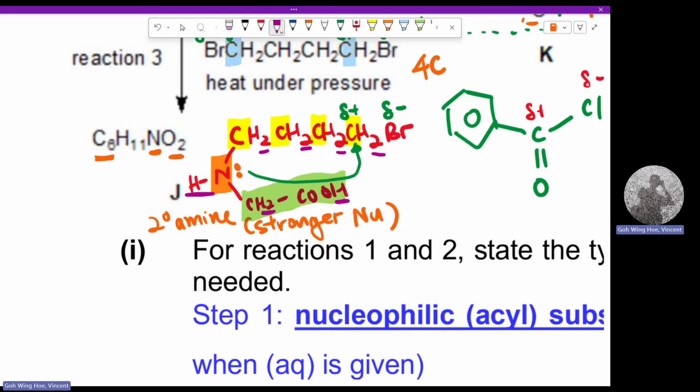Right? So if you just give your structure for J as such, it will not agree with the molecular formula of 11 hydrogen atoms for J. So that would require you to think one more step ahead, whereby now you have 12 hydrogen atoms. So how do you make one more H atom loss? It is by getting rid of the H atom on the amine by forming a tertiary amine.